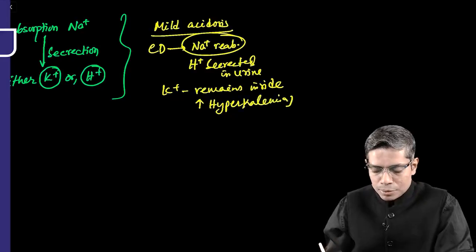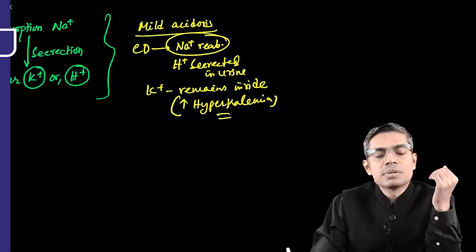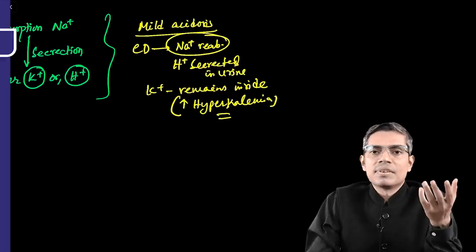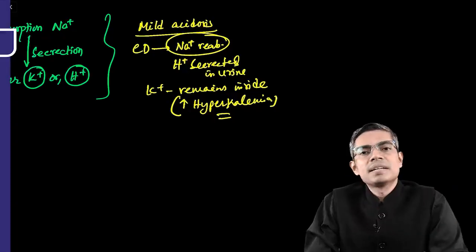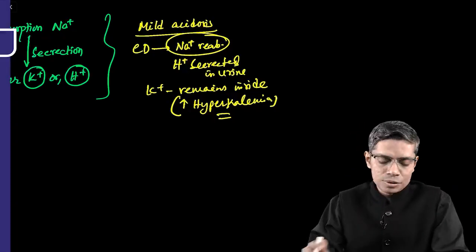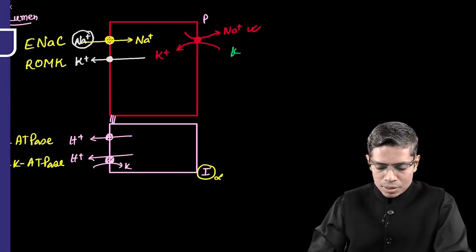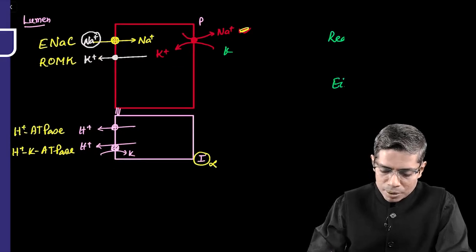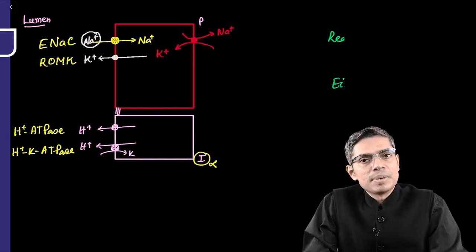That's why we know that mild acidosis means the person will suffer from hyperkalemia, and vice versa. If the person is suffering from hyperkalemia, the person will develop mild acidosis. Got it? So this way you have to remember that at the level of the collecting duct, sodium reabsorption is coupled with either the secretion of potassium ion or the secretion of the H plus ion from the nearby cell.